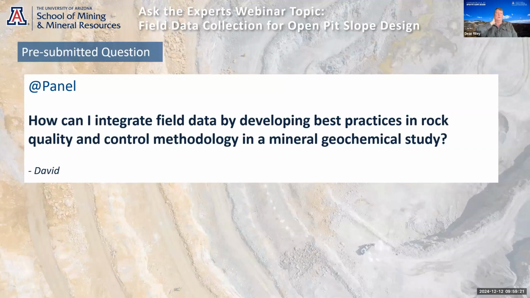So if you're collecting everything from fresh to completely weathered rocks, as long as you follow your standard methodological practice and note that for your geochemical study, your chemistry will balance itself out. So I wouldn't let the mineral geochemical study influence what you're collecting for the rock quality and control, because you're documenting and recording across the way. I would just have a completely integrated field book and notes with it.